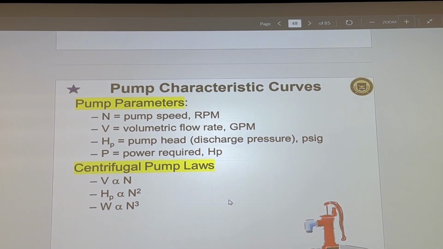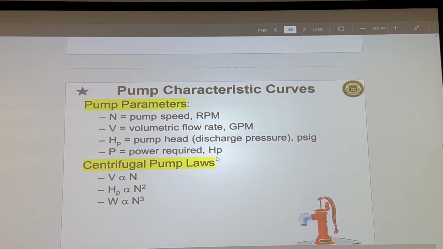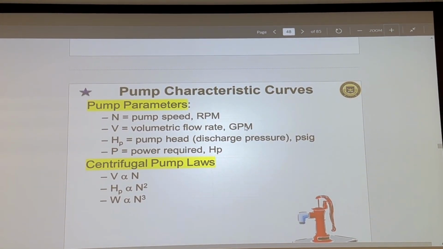What it's showing is volumetric flow rate, that is gallons per minute, or liters per minute in the other unit, metric versus imperial. The relationship is that flow is proportional to the speed of the pump. These three relationships I really want you to remember, very important.